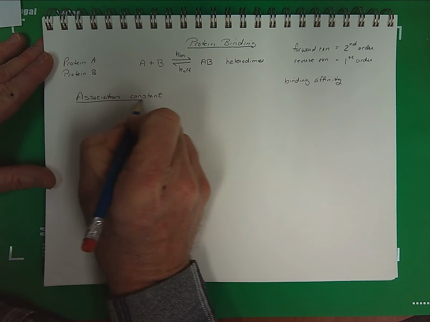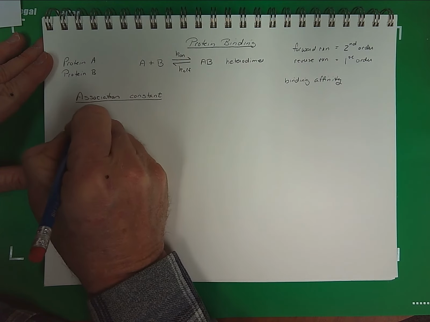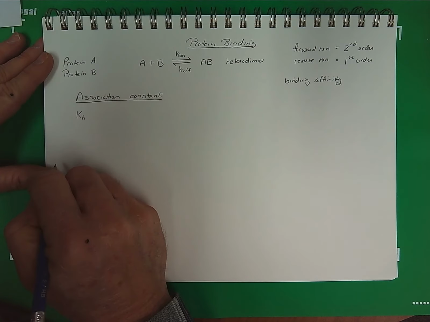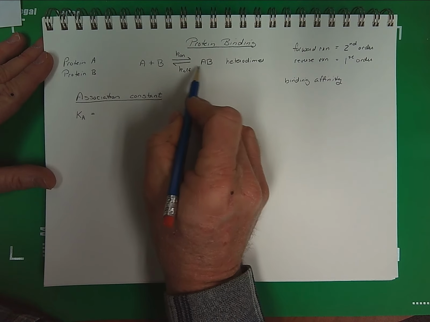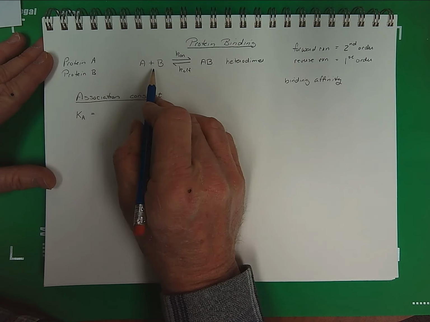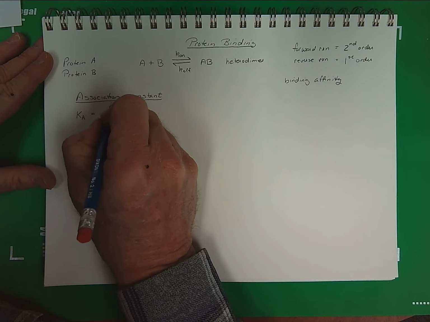The association constant is defined as K sub A, and this is the concentration of the products over the concentration of the reactants.